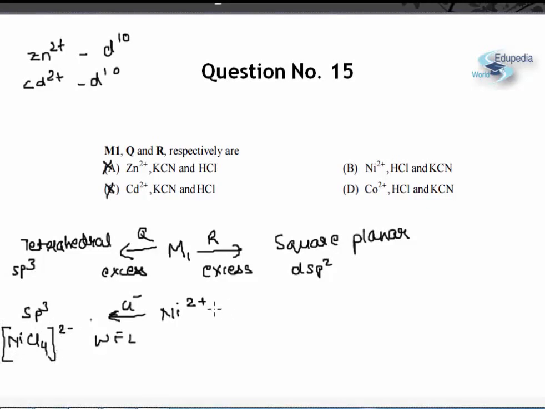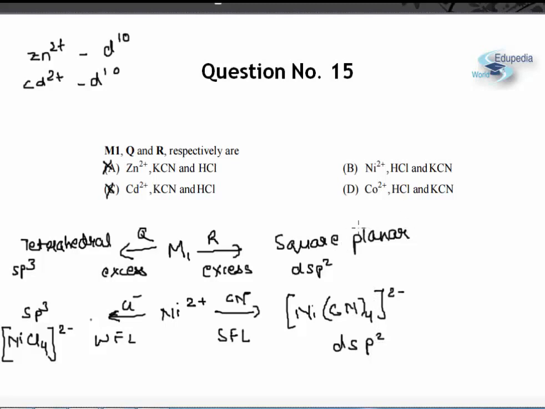And Ni2+ in excess of CN minus, which happens to be a strong field ligand, which I am representing by SFL, will form Ni(CN)4 2 minus, and this will be dsp2, and being dsp2 it will be a square planar complex.